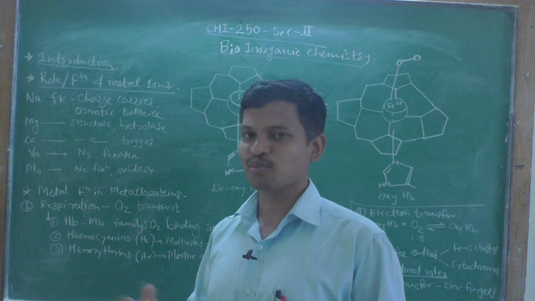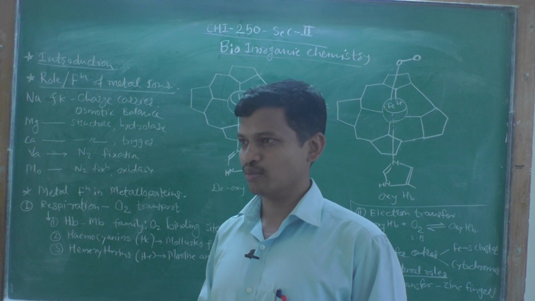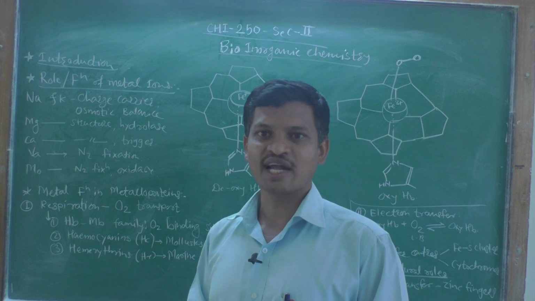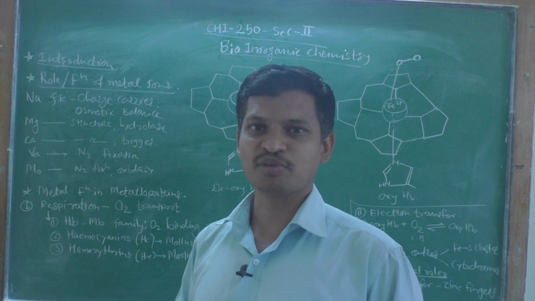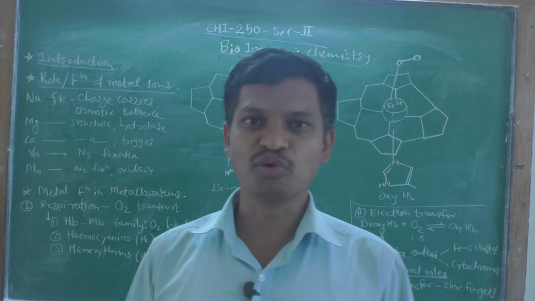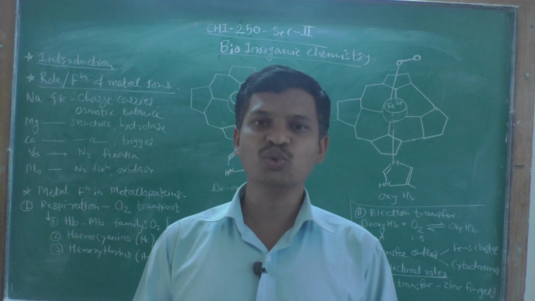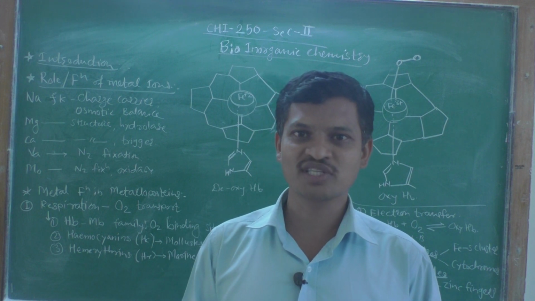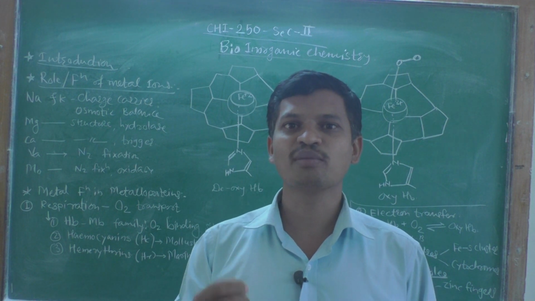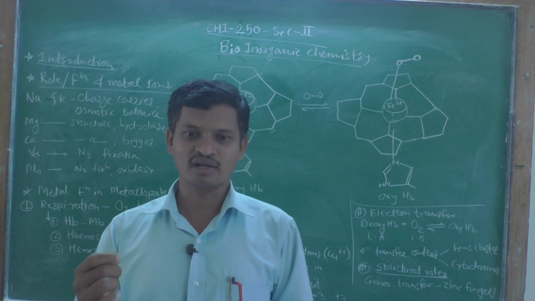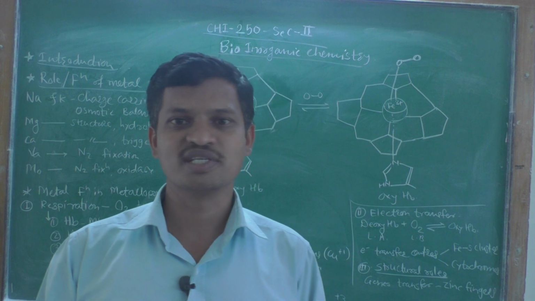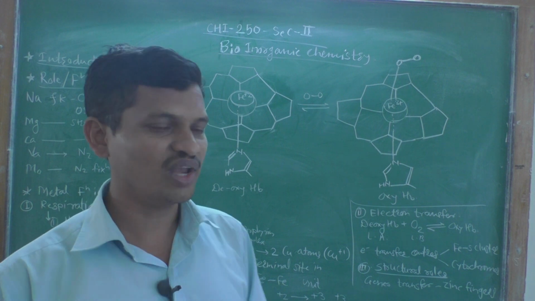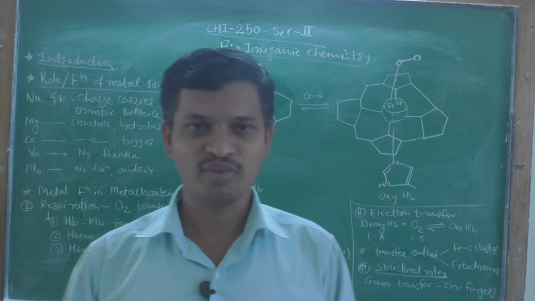For example, there are different proteins which contain specific metal ions, and other than those, the metal ions are not present in that specific metalloenzyme or metalloprotein. So this is the uniqueness of life processes, selecting only a particular metal ion or metal atom. That is why bioinorganic chemistry is now a well-known and emerging branch of chemistry.